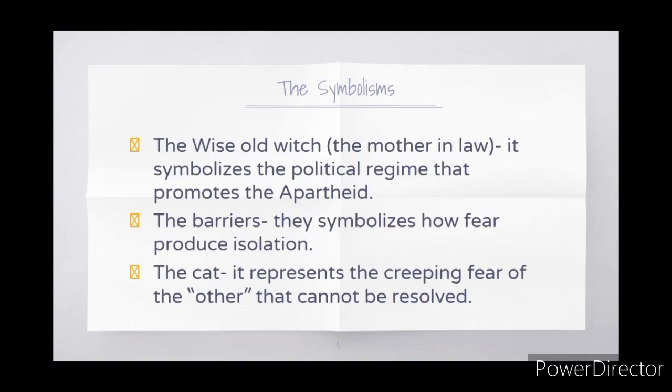Let us proceed to the next element, which is the symbolism found in the story. The first one is the wise old witch or the mother-in-law, and it symbolizes the political regime that promotes apartheid. As mentioned in the story, the mother-in-law pushed the couple to fear the outsiders more.